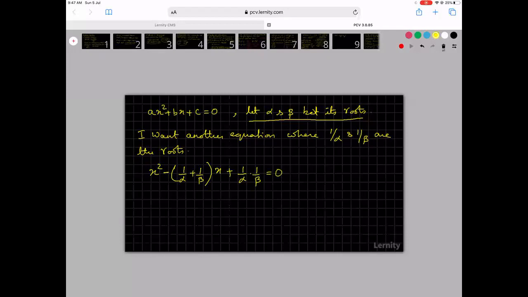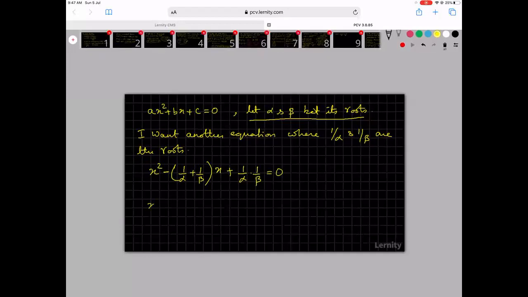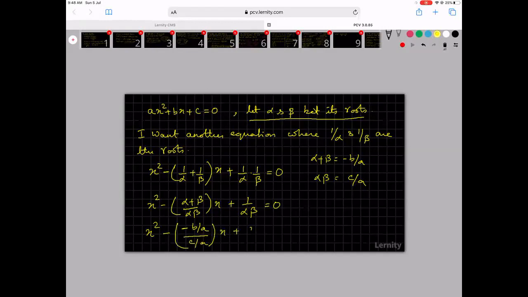So I'll have x squared minus (alpha plus beta) by alpha beta x plus 1 by alpha beta. Now I can substitute from here. Alpha plus beta is equal to how much? Minus b by a. Alpha beta is equal to how much? C by a. So if I substitute, I'll get x squared minus (minus b by a) divided by (c by a) x plus a by c. 1 by alpha beta will become a by c.